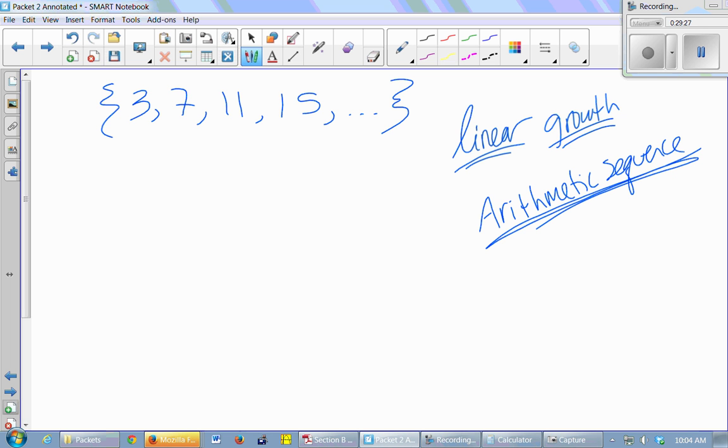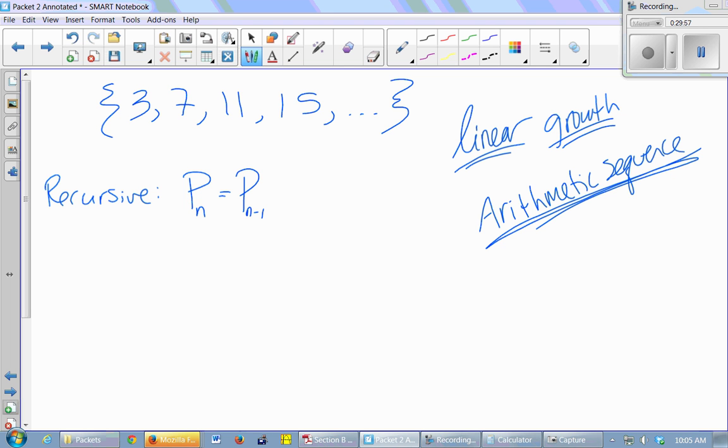Okay, so if I want to write a recursive formula, I'll just call this P sub n. With a recursive formula, you're allowed to use the term or terms before the number you're trying to calculate, right? So if I want to calculate the nth term of this list, I would take the term right before it, which is P sub n minus 1.